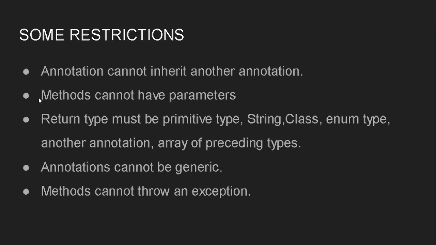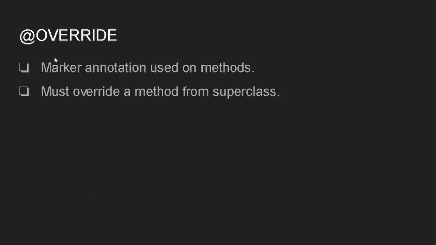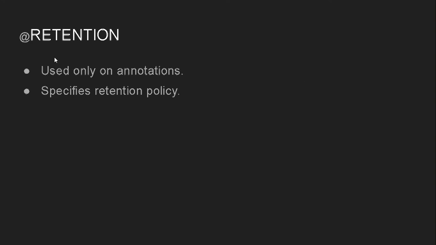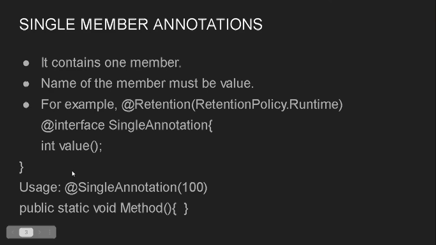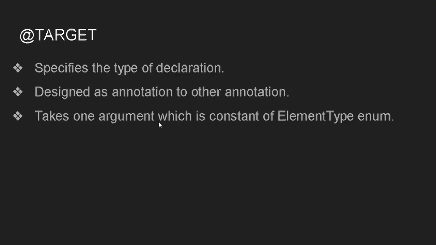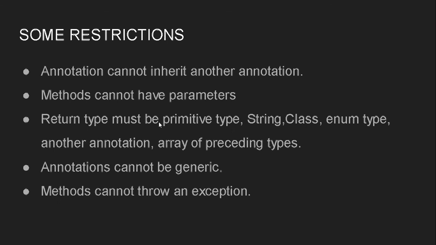The second restriction is that a method cannot have parameters. I'm talking about the members, for example this int value. I'm talking about the members which are defined in this annotation.